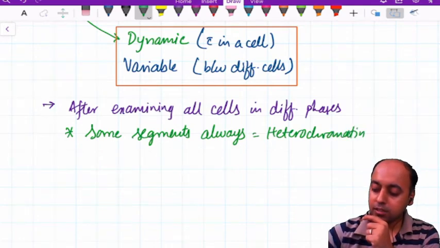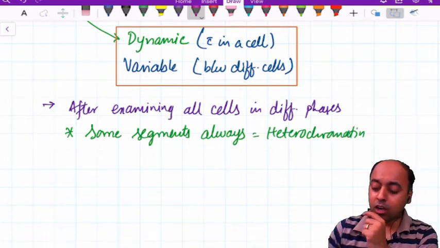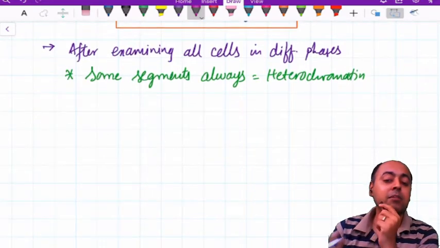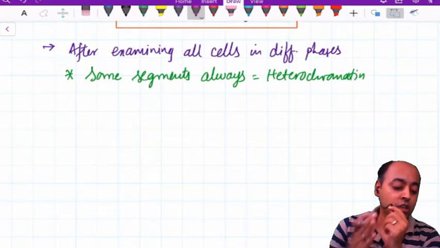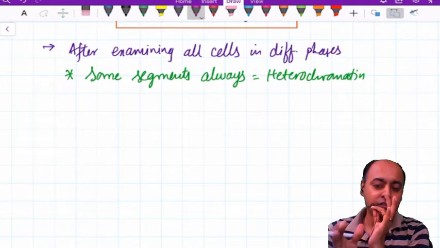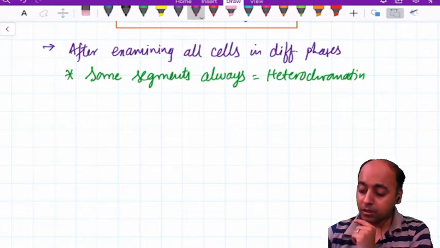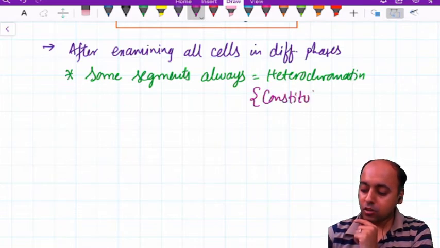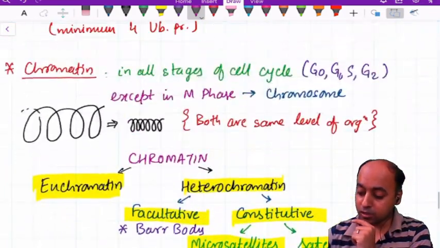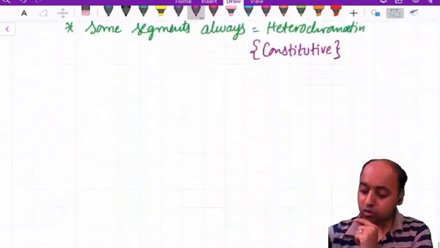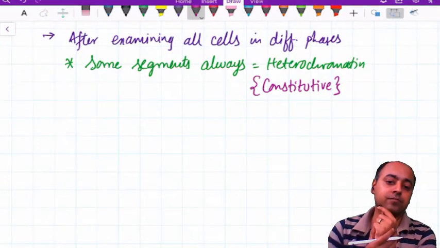What this means, these segments probably do not contain genes which can be transcribed and give rise to any protein, because we have examined them in all the cells in all the different phases and still they are not getting transcribed. We will call such segments constitutive heterochromatin.